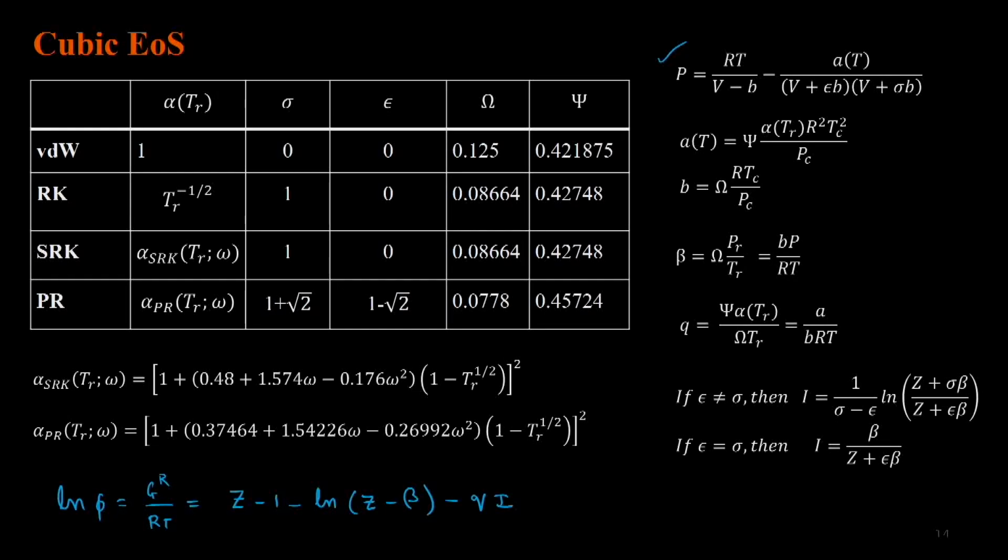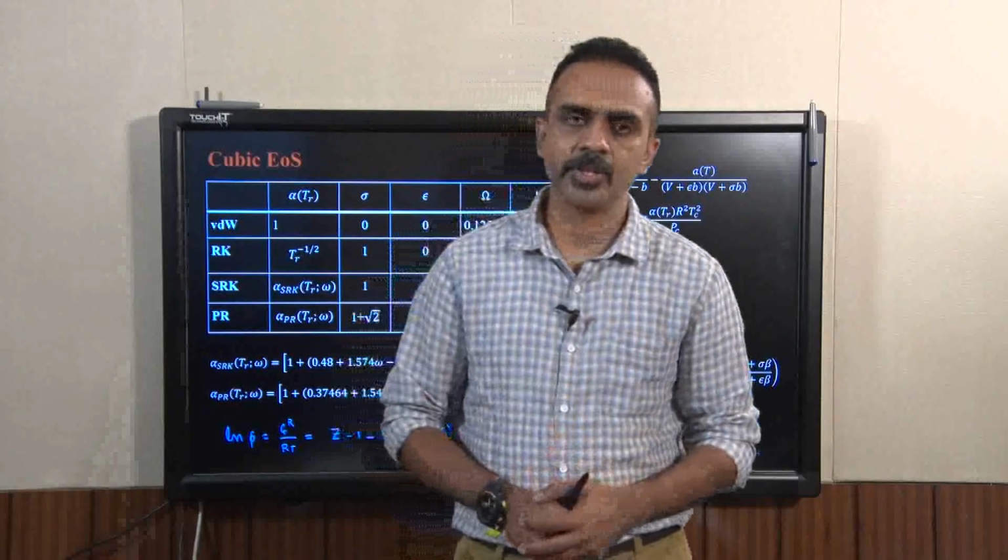Beta, Q, and I are given in the expressions here, depending on whether we have the same value for epsilon and sigma or different values for them. So once I know a cubic equation of state, and given a temperature and pressure, I can calculate the compressibility factor and all the other parameters that are listed in here, and use those to calculate the fugacity or the fugacity coefficient. Let us try to demonstrate this calculation using an example.